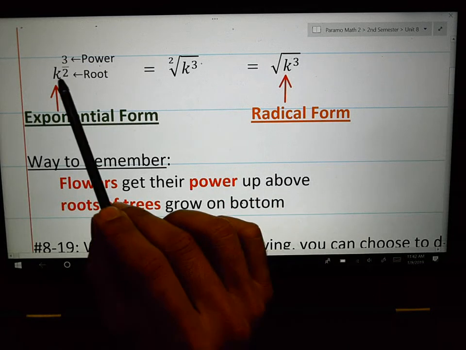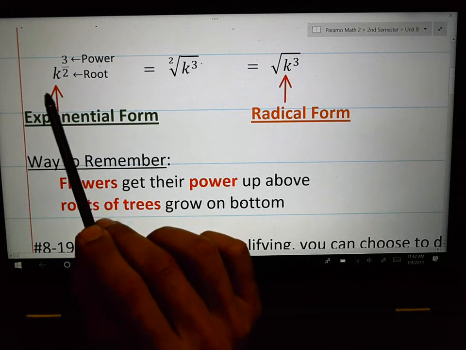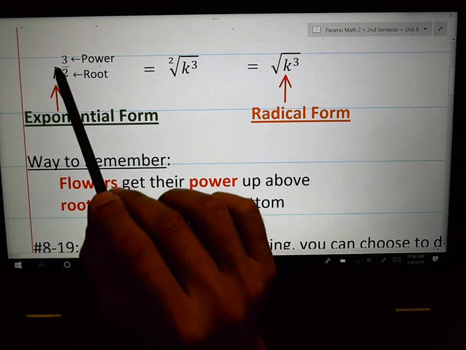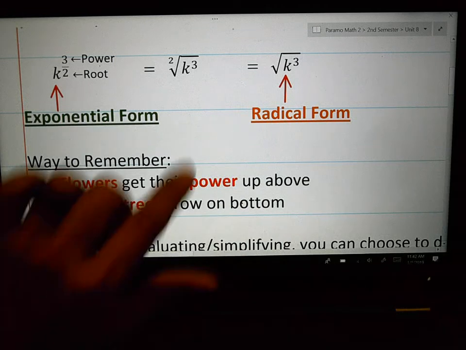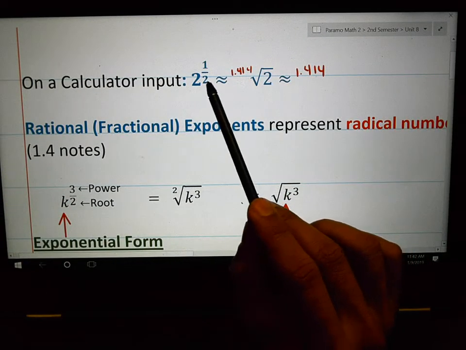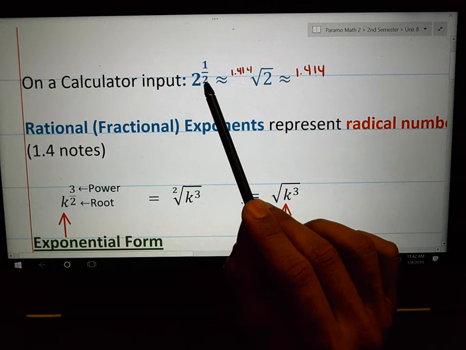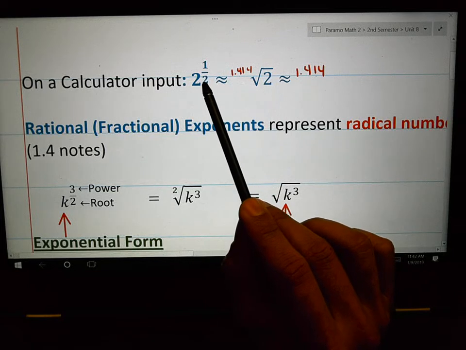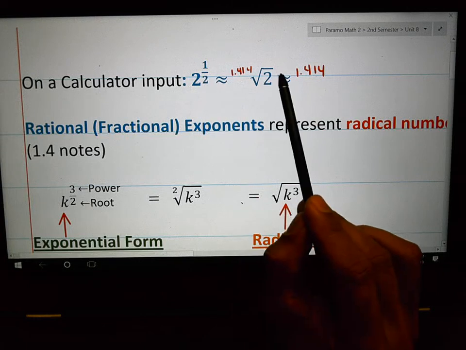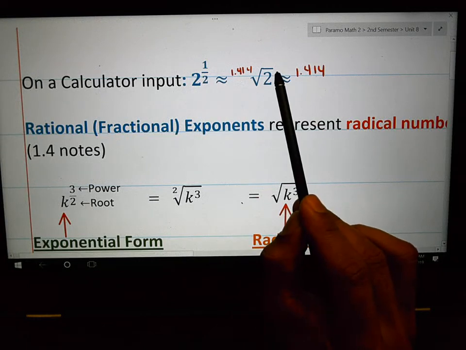Which means to go from exponential form into radical form, we have to know which piece is which. If you look at what we did earlier, I have 2 to the 1/2. This means the 2 is the root, the square root of 2 to the first power, with an invisible 1.